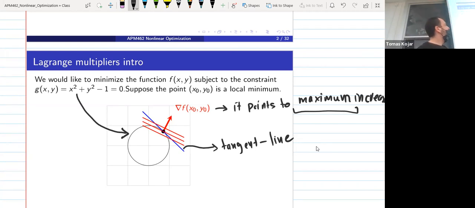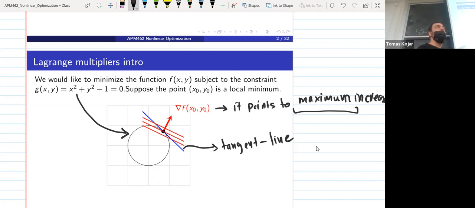So when the red is not perpendicular to the blue, that means this is not a local min, because if it was, the gradient would be normal to the blue line. The entire week would just be proving that this is a local min when the gradient is normal to this blue line.